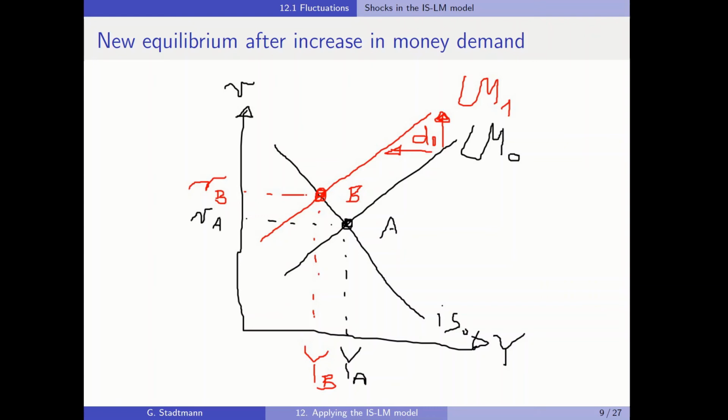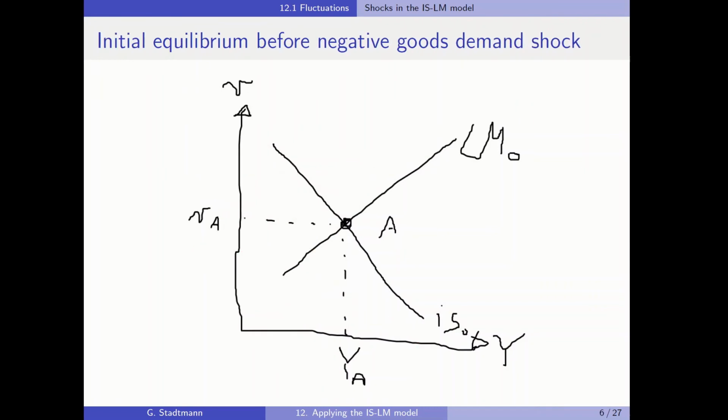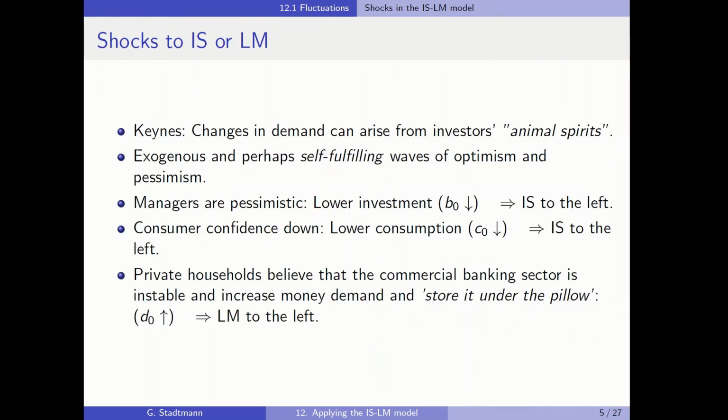For now, it is very important to understand that these kind of shocks, like B0 decreases, C0 decreases, or money demand increases, leads to a recession. The GDP level is lower than before, and now we can check whether fiscal policy or monetary policy can help.